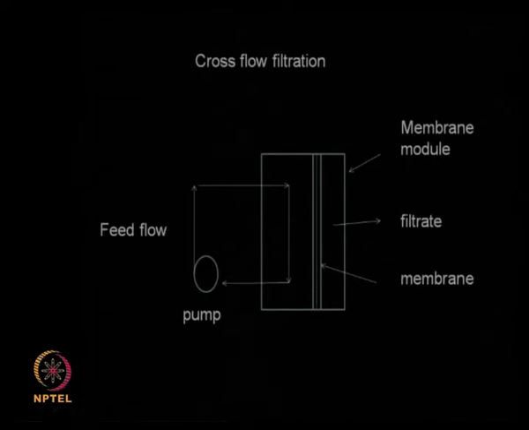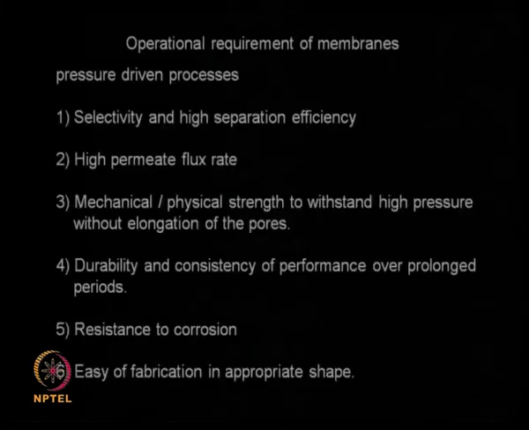So we can have a much longer filtration process when compared to the dead end filtration process. Fouling also gets reduced because your liquid is flowing parallel to the surface, so the boundary layer is not getting formed, and even if there is a biofilm formed it gets dislodged, washed out or removed.